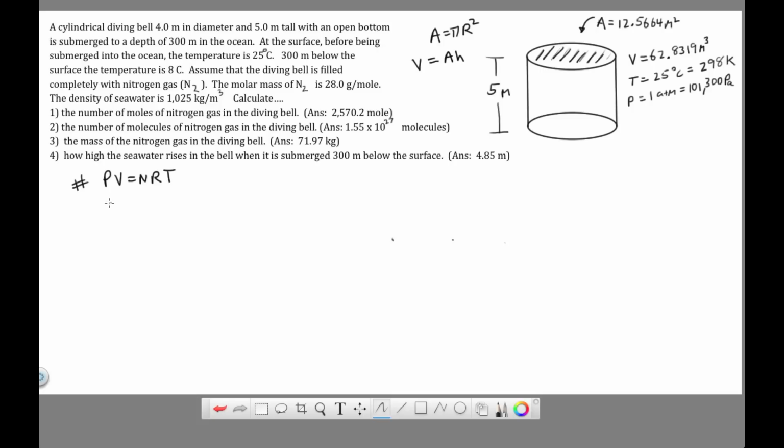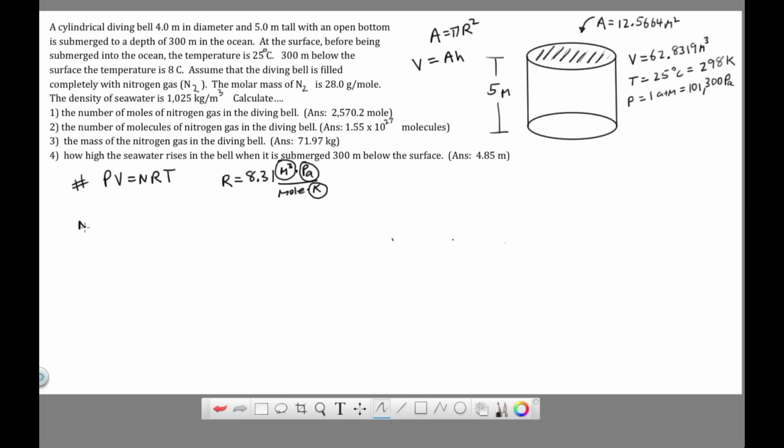For this problem, the R that I'm going to use is 8.31 cubic meter Pascal over mole Kelvin. So when you're using this gas constant, the volume has to be cubic meters, the pressure has to be pascals, and whenever you're doing a gas law problem, the temperature must be Kelvin.